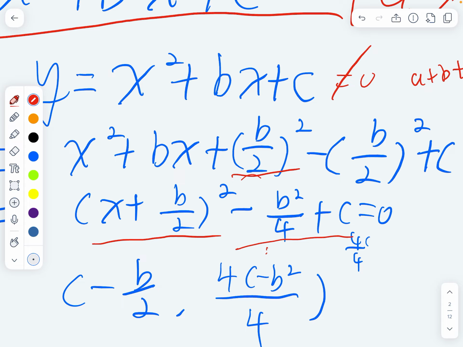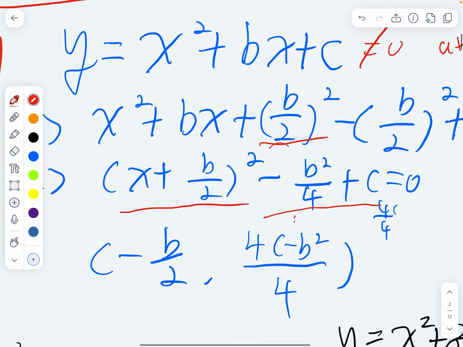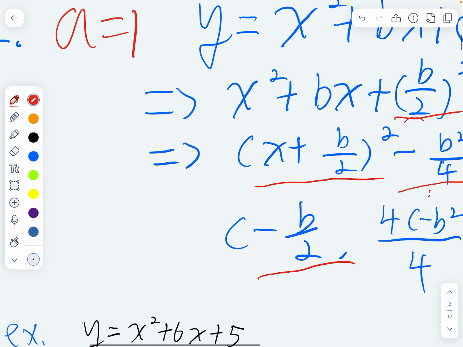The final answer: x is equal to negative b over 2, and the second value is 4 times c minus b squared over 4. This gives us the vertex formula.